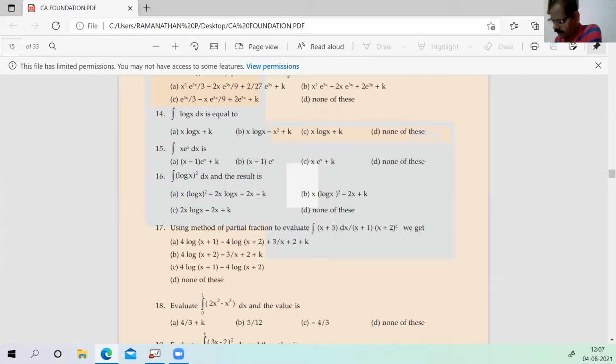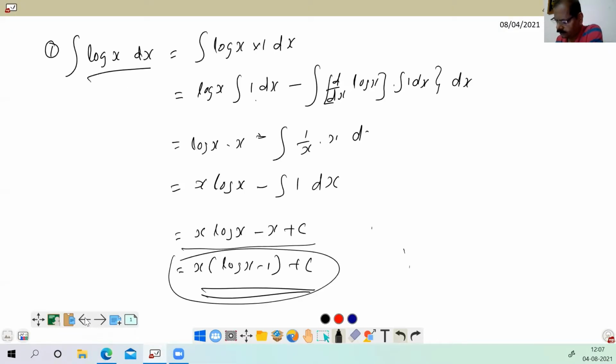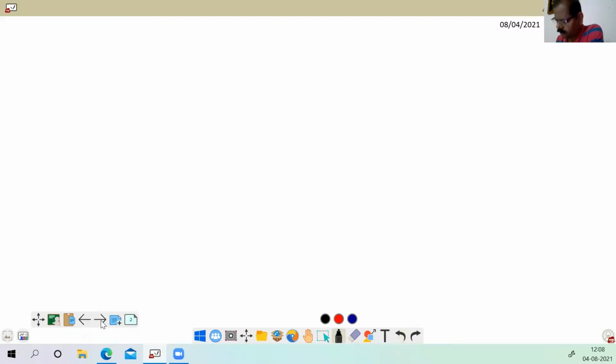Next one, 16th one. Integral of log x whole square dx. We have already done this problem before. So the answer is log x whole square into 1 dx.